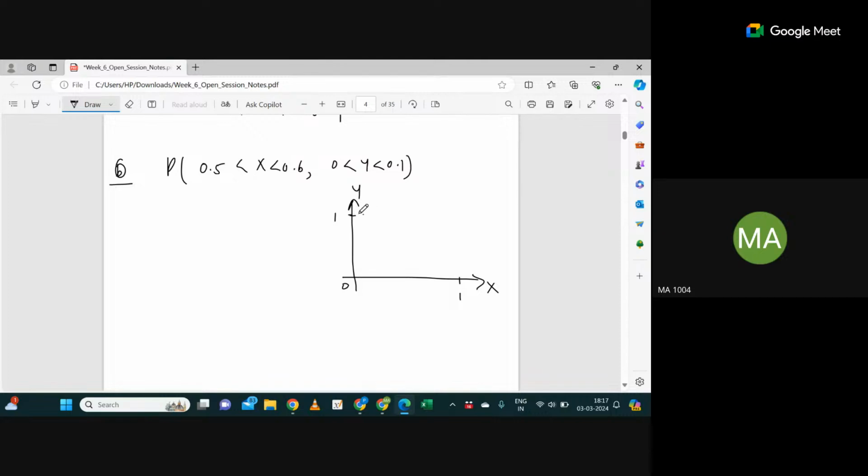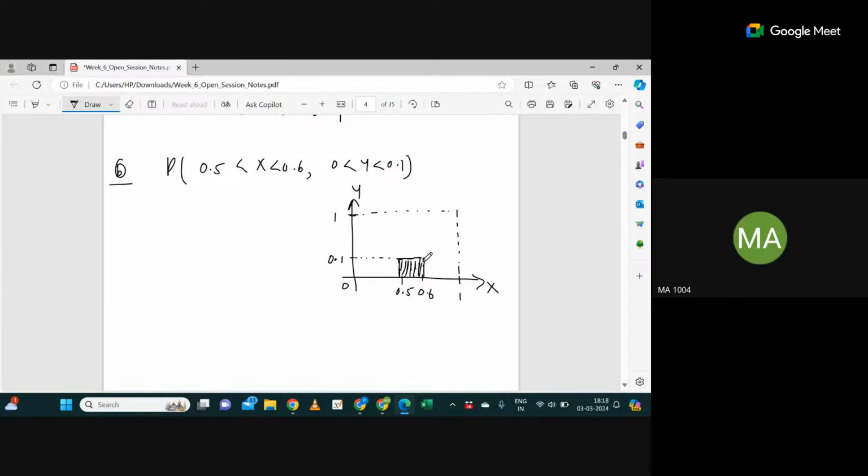This is throughout the support of my x and y, yes or no? Correct. And here y is 0 to 0.1, and x is 0.5 to 0.6. Suppose 0.5 is here and 0.6 is there. That means our region of interest is this shaded region, yes or no?